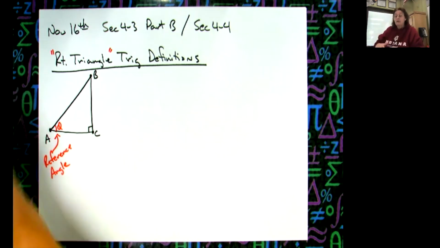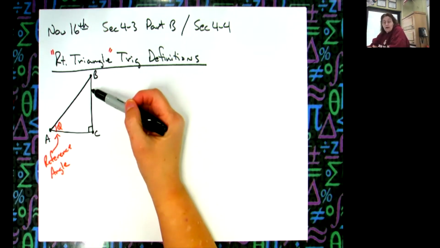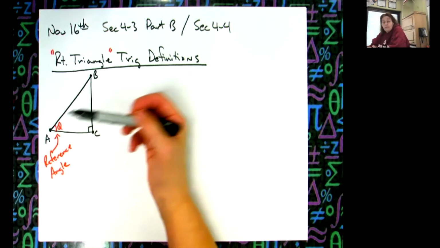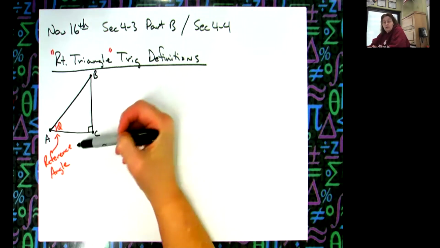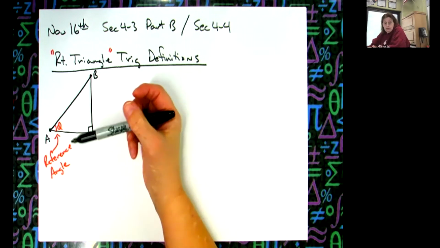If I switched and I wanted this to be my reference angle, then I'm going to label the sides based on this reference angle. If I switch to this reference angle, then these two sides change because the way you label the sides are in reference to that reference angle.